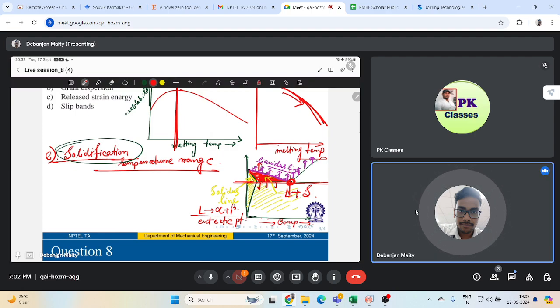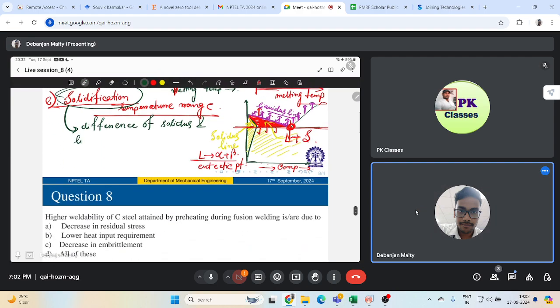So this is my solidification temperature range, the difference of solidus and liquidus temperature.